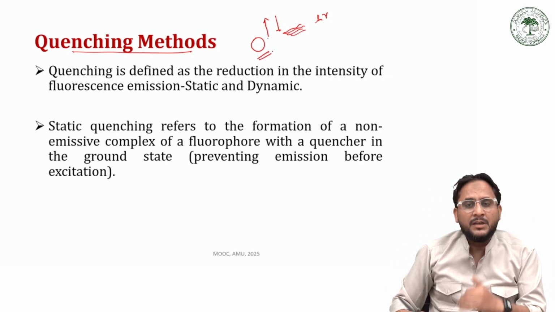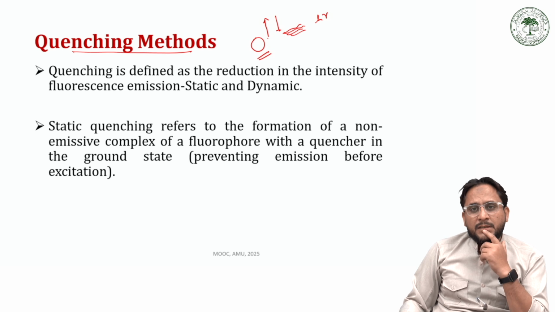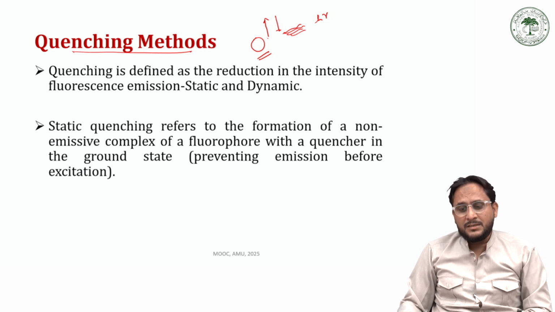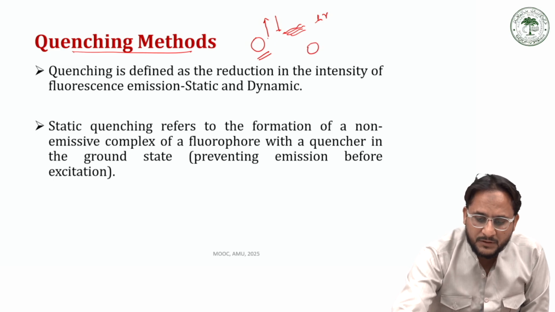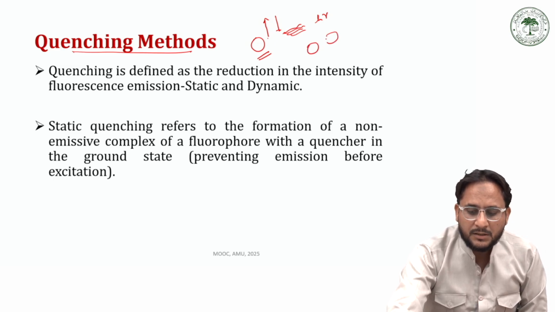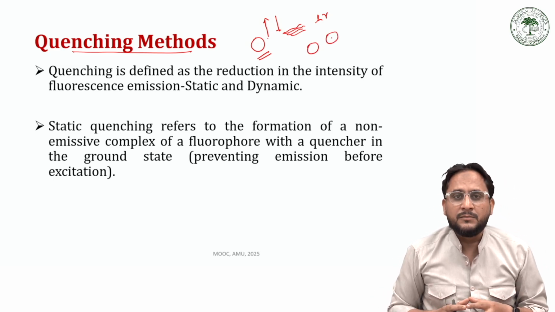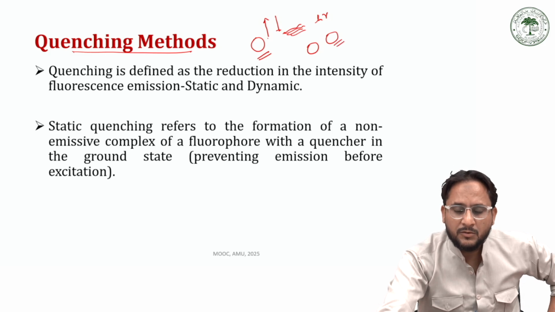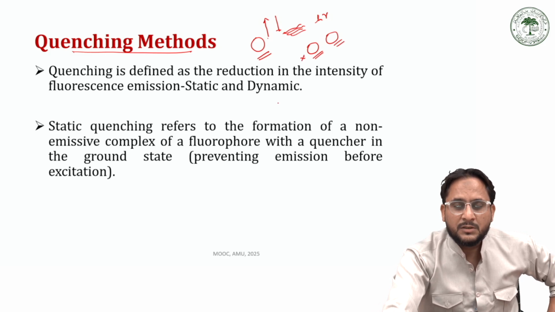For example, we are adding oxygen gas, because these methods are very useful to distinguish between living and dead cells. For example, if we have on one side a dead cell, and on the other side a living cell, since it is a living cell, it undergoes respiration. In the dead cell there will be no respiration and no oxygen uptake, while in the living cell there will be oxygen uptake.